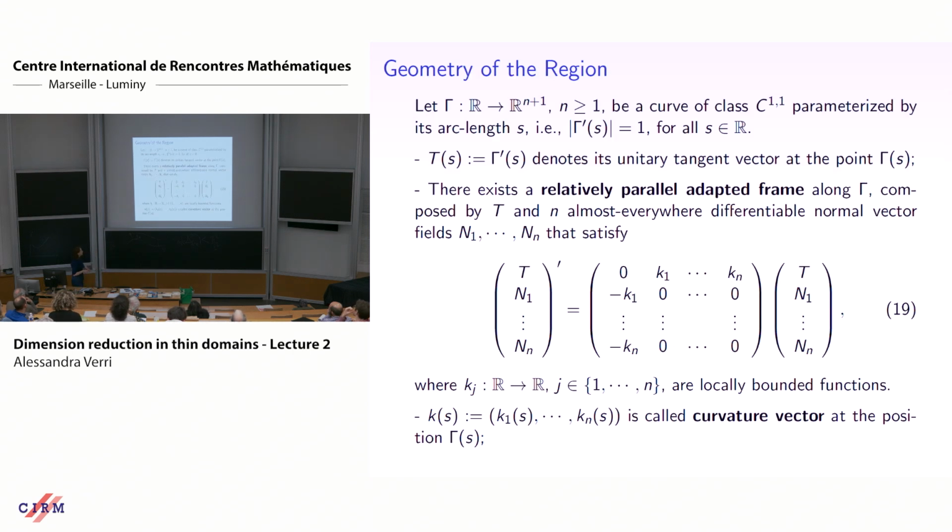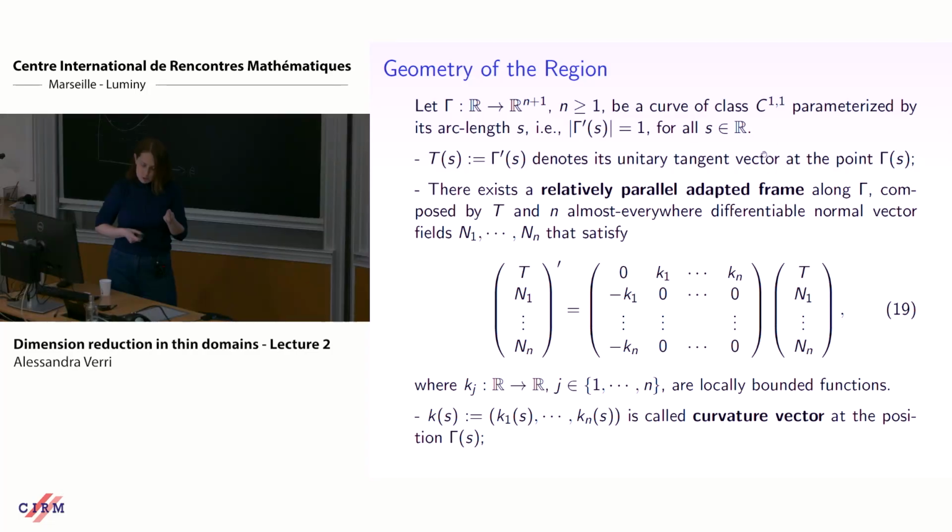So here, now we consider an unbounded curve in R^(n+1). Here it's assumed this regularity for the curve. So we can assure the existence of the tangent vector at each point, but we cannot assure the existence of the Frenet frame.